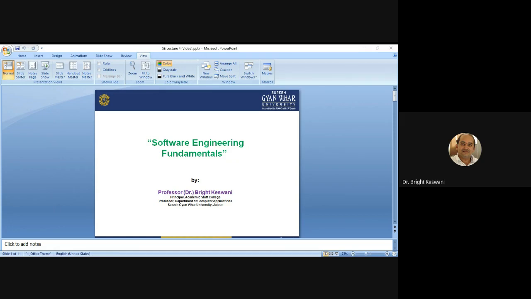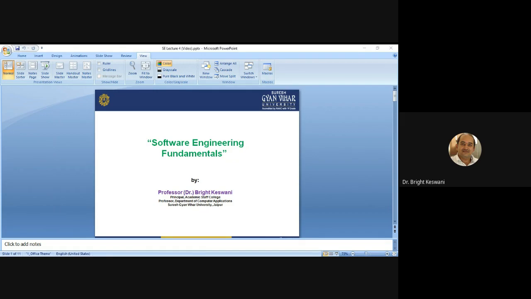Economic feasibility is needed, technical feasibility is needed, behavioral feasibility is needed, political feasibility is needed; all types of feasibility are needed. So the answer is all of the above.